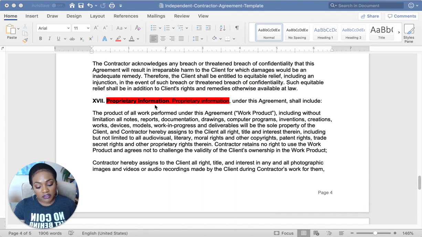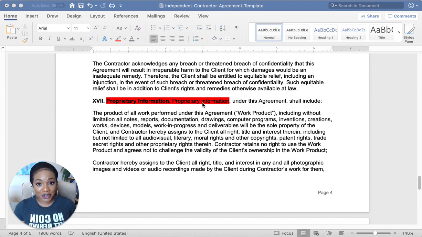This proprietary information section I hate because it's mislabeled, okay? Proprietary information is what you call confidential information. This right here, they basically call intellectual property proprietary information. Intellectual property and proprietary information are two completely different things, and this just mislabels it, which again causes confusion.